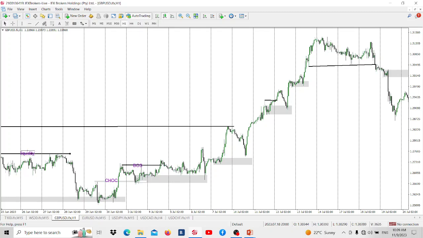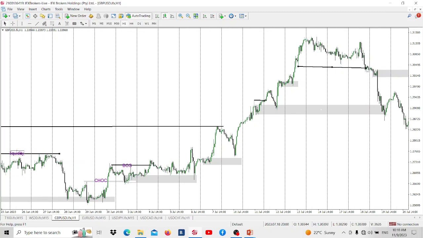We can clearly see that the market broke to the downside. This could be a correction or a change of character, because we could say that, hey, the market is coming here to take a buy, right? That's when we have to do our analysis.